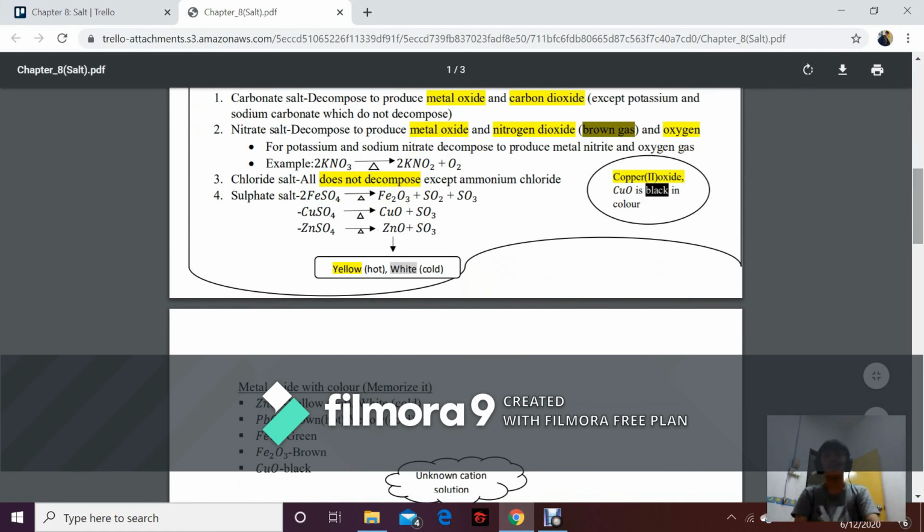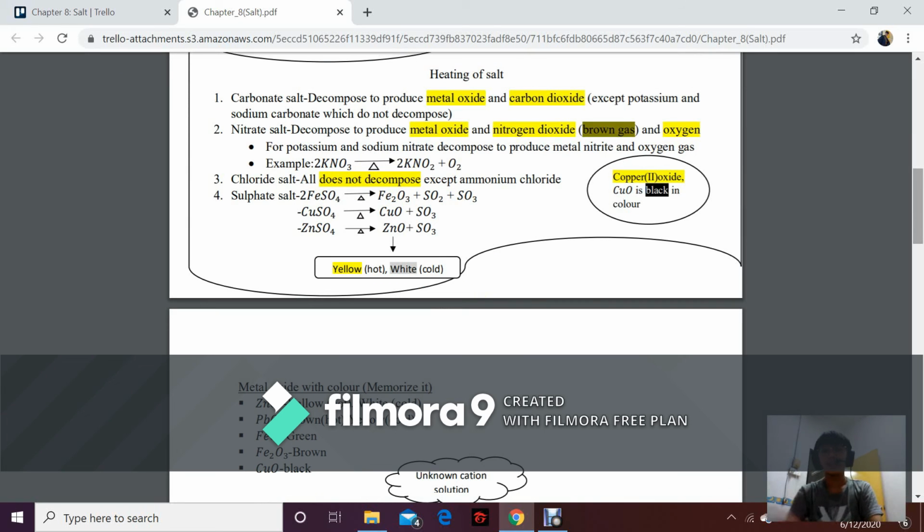So when the question asks, what is the salt when the copper oxide produced is black? When the copper oxide produced is black, this is definitely a copper salt. So you will know there is Cu2 plus ion there. If a black solid is produced, it is copper, you know that is copper ion.